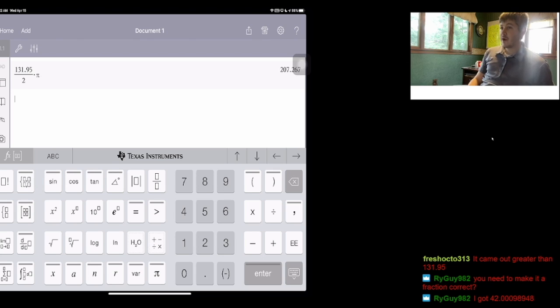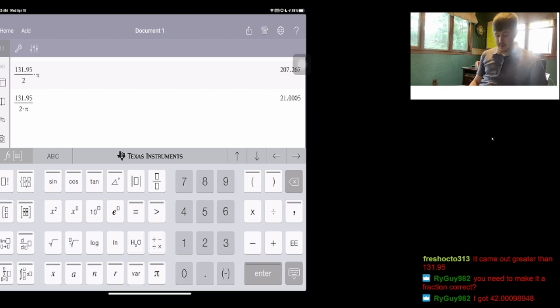So the correct way to plug it in a calculator is 131.95. But then when you divide, you want to put 2 pi in parentheses. That way it knows to keep 2 pi in the bottom. So then when you hit enter, you get the correct value of 21.0005.